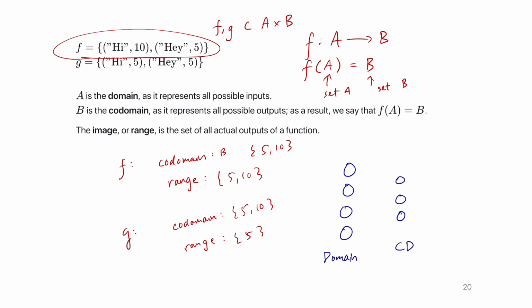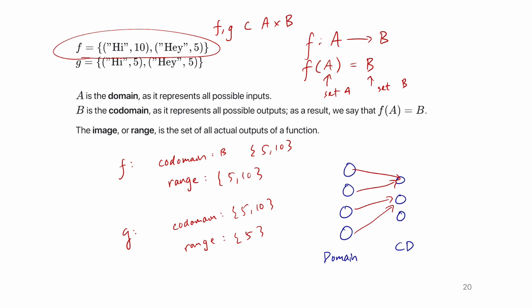And the circles on the left represent elements in the domain, and the circles on the right represent elements in the codomain. And all we care about for a function is that for every circle in the domain, there's exactly one arrow coming out of it. So for example, multiple arrows can point to the same circle in the codomain. That's okay.